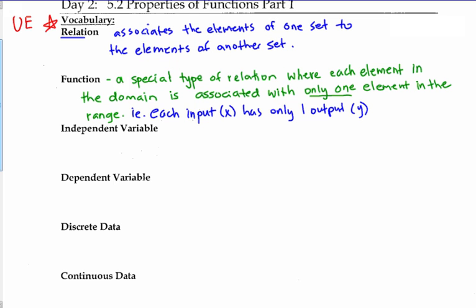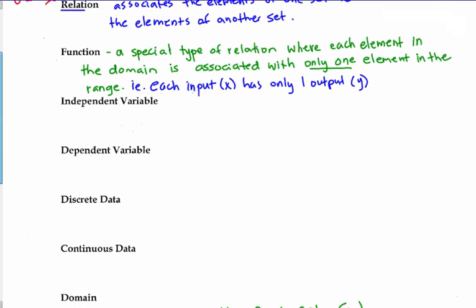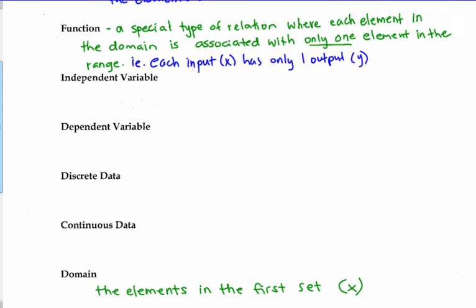So for example, in our example of time, at 1 hour, we can't be at two different distances. So it's a function, right? Each input has only one output. We'll look at a few examples today and tomorrow of what a function is and what a function isn't.